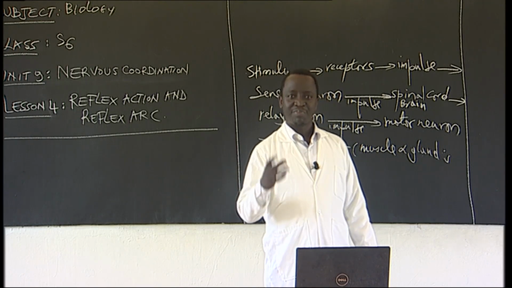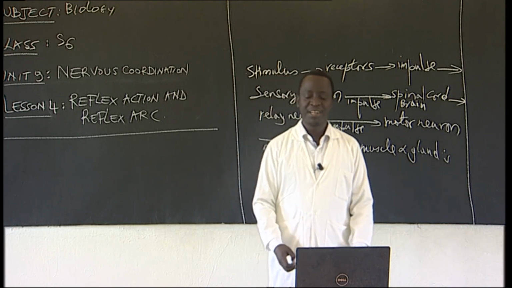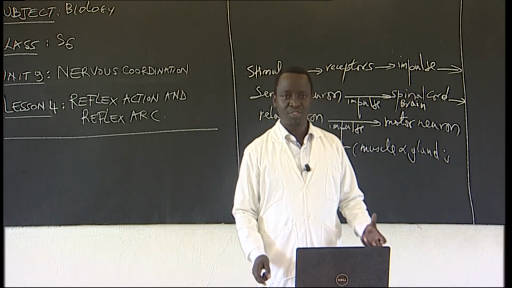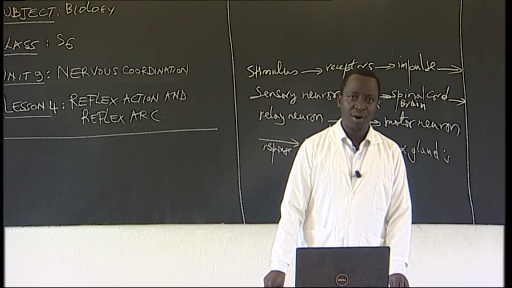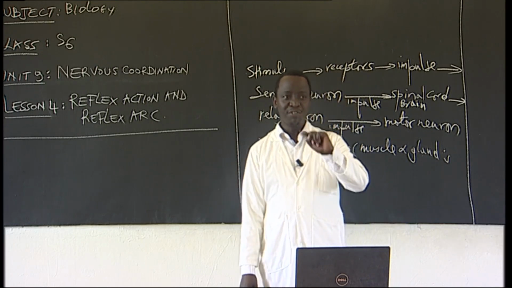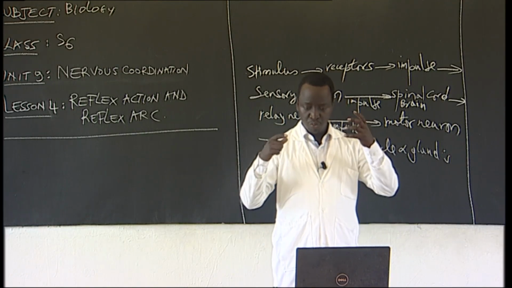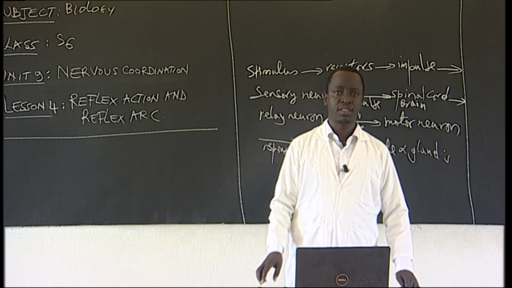So now, what are the health practices of the nervous system? What can we do so that we can protect our nervous system? First of all, you have to eat a balanced diet. So that's just to make your nervous system healthy.